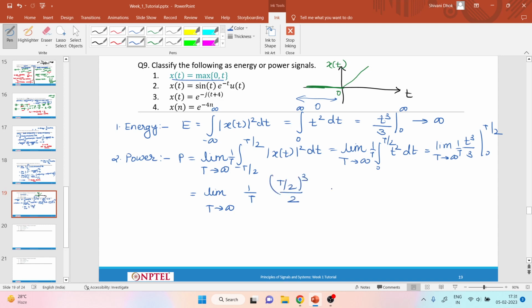Now the power of t is 3 in the numerator and 1 in the denominator, and t is tending to infinity, so therefore this power will also tend to infinity.